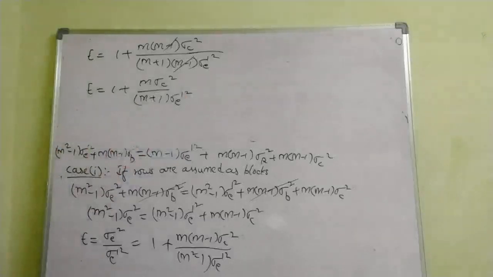So now we have to find the unbiased estimators. We already know what the unbiased estimators are.